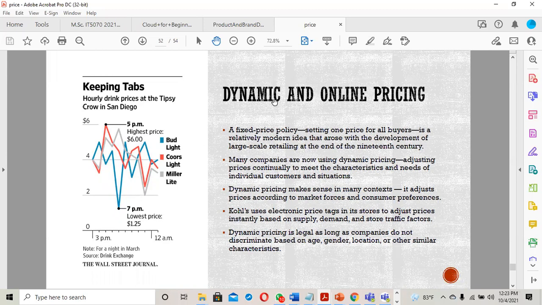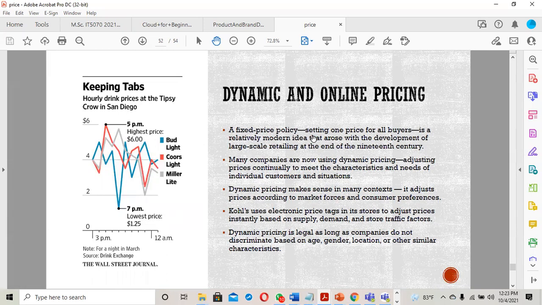So depending on how market demand and market factors fluctuate, there is a pricing formula they have come up with. This is 3 p.m., this is 12 a.m. Their formula considers certain factors, and when that input changes, the price changes. So even within the day, the price at 3 p.m. is different from the price at 12 a.m. That's dynamic pricing.